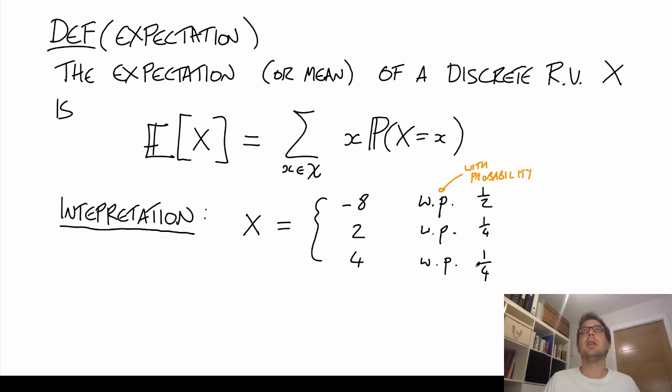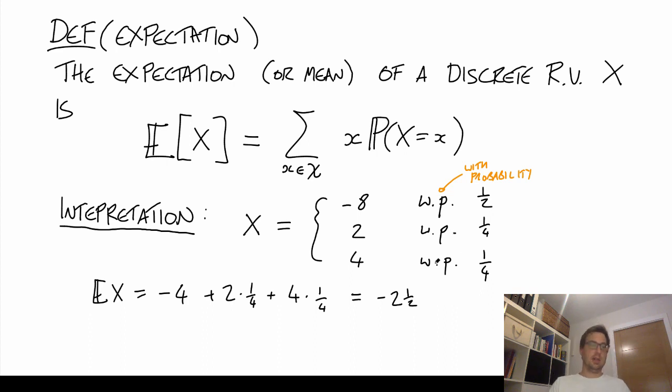Notice that the expectation of this random variable is -8 times 1/2, so we get -4, plus 2 times 1/4, which gives 1/2, plus 4 times 1/4, which adds 1. So -4 plus another 1/2 gives -2.5.